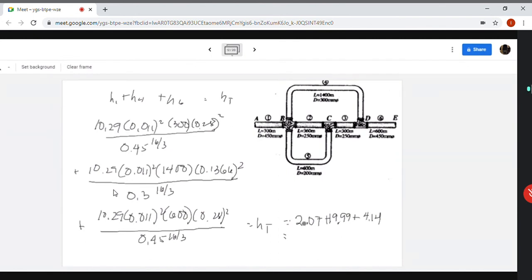That is 26.2 meters. So this is your total head loss.